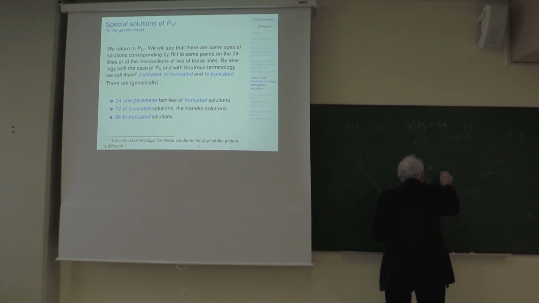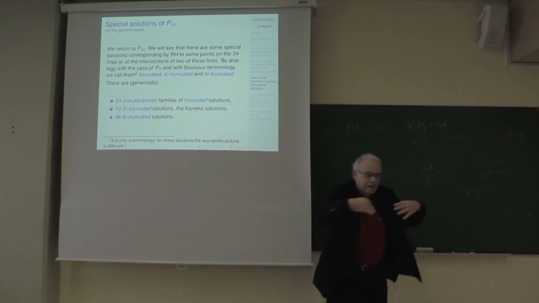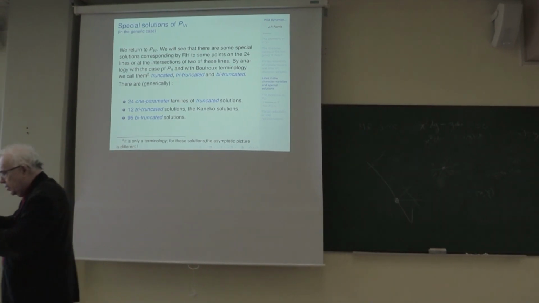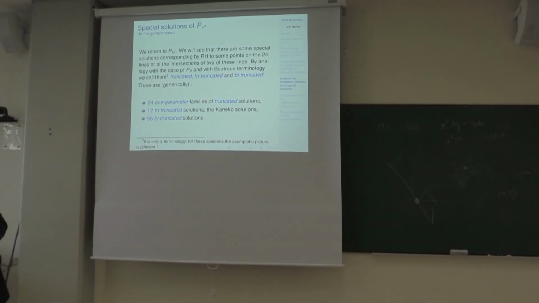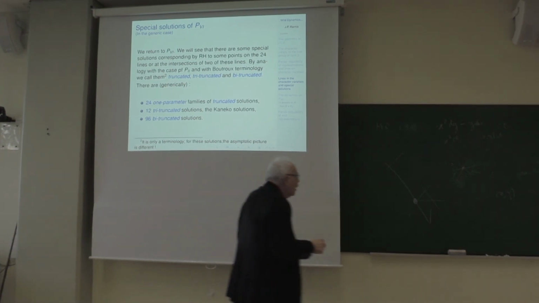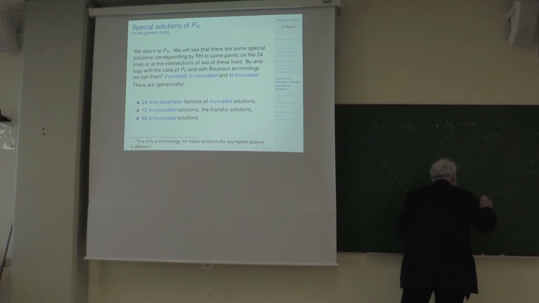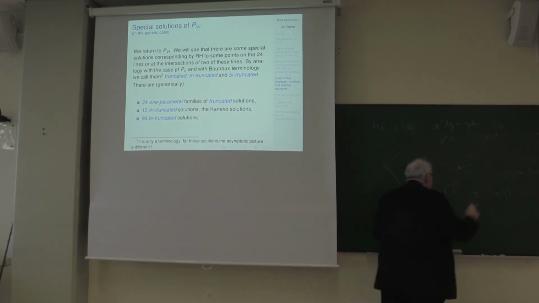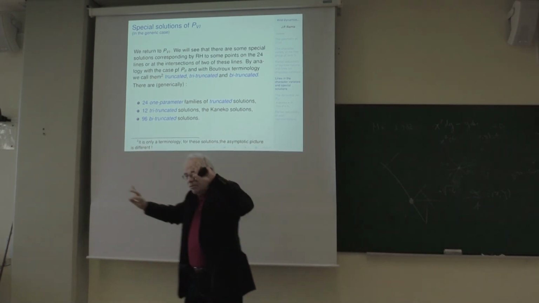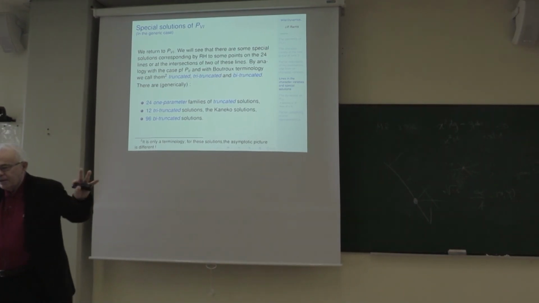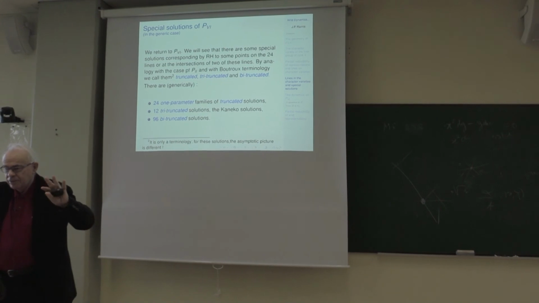You have two nice asymptotics in two different sectors. In one sector you have an asymptotic like something like that, and in the other sector you have an asymptotic like that. So you have two different asymptotics in two different sectors. An example is the Ablowitz-Segur or Hastings-McLeod solution.